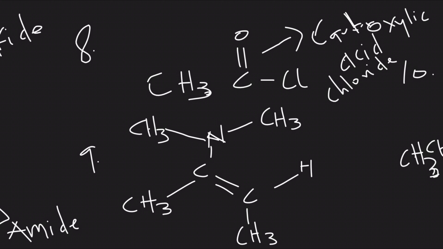So number 9, we have a nitrogen bonded to a carbon, and that carbon also has a double bond to another carbon, and that double bond reminds you of what? An alkene. Beautiful.